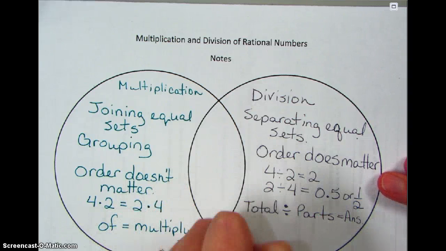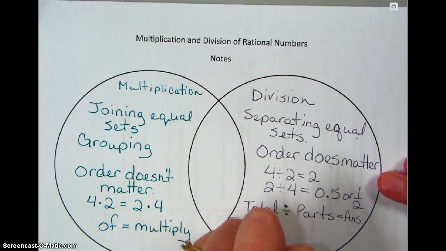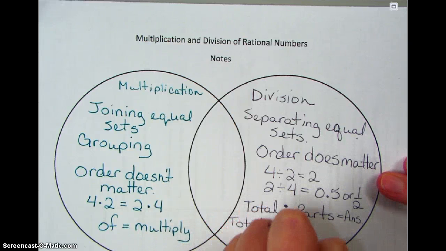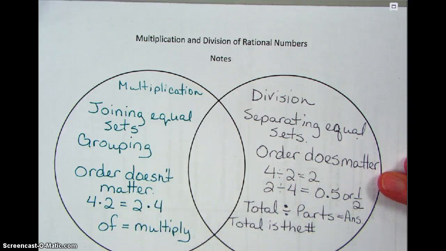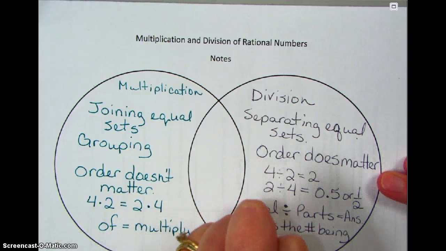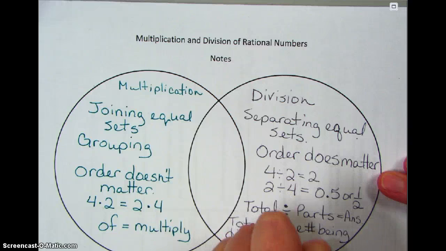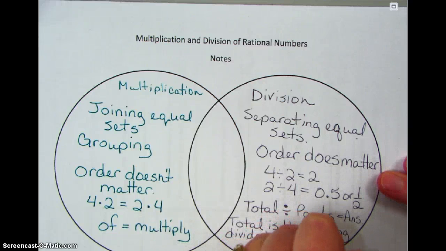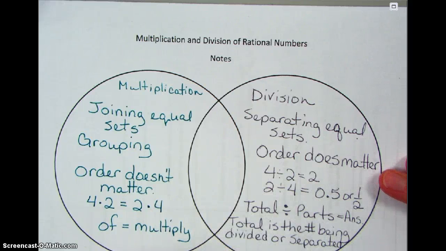So again, the total is the number, I'm going to abbreviate number with the pound sign, being divided, or in this case, separated. And of course, when you're using division, you need to remember to use your KFC. And we'll talk about that in a moment.